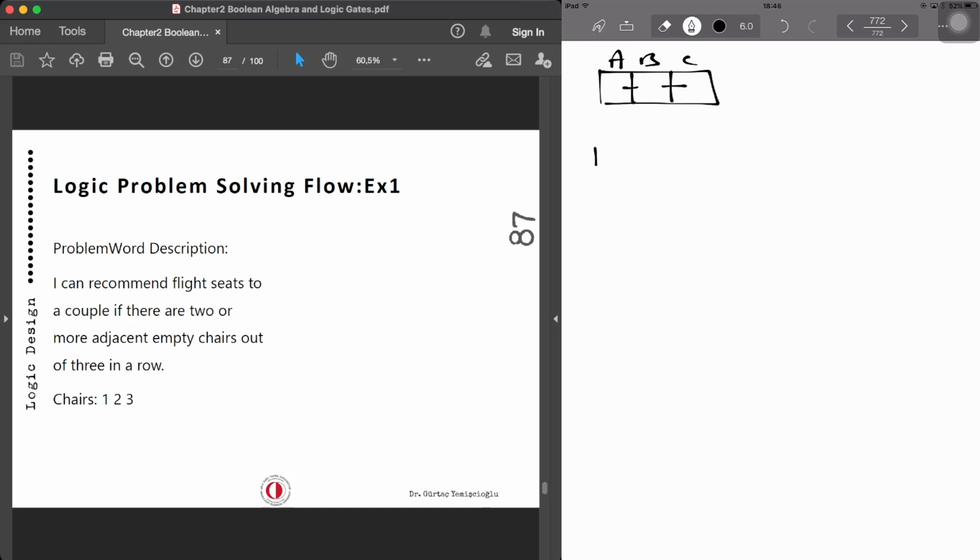Okay, so if we put it into a truth table, and we also have function f as an output, there are three variables, 8 possible combinations.